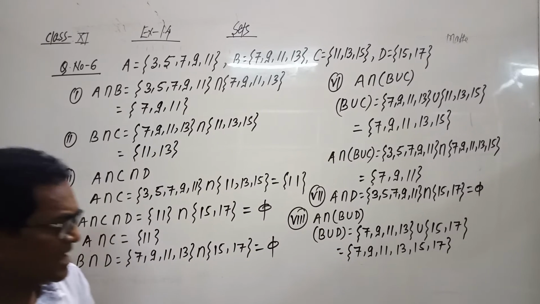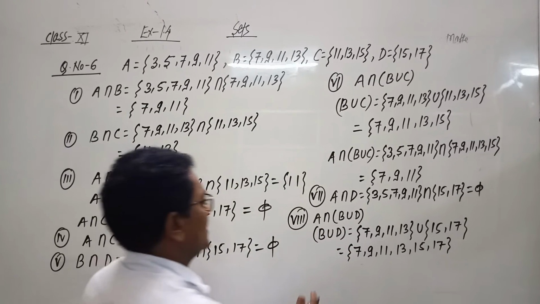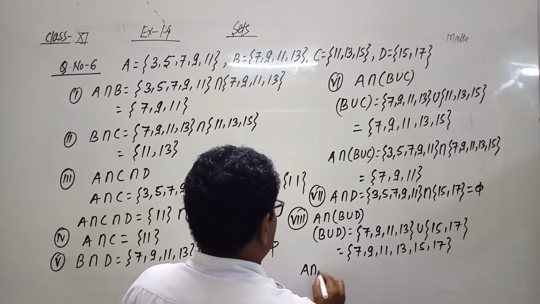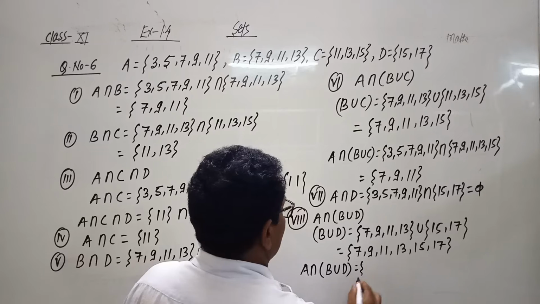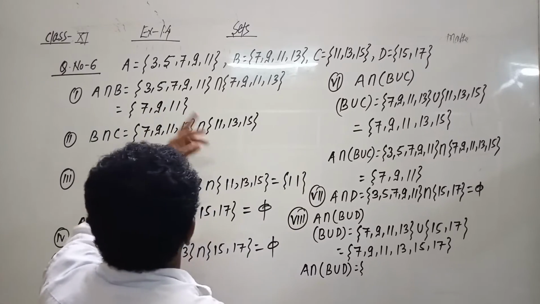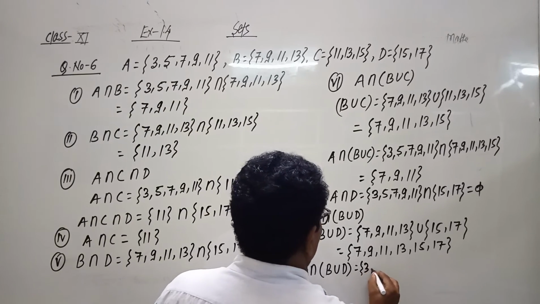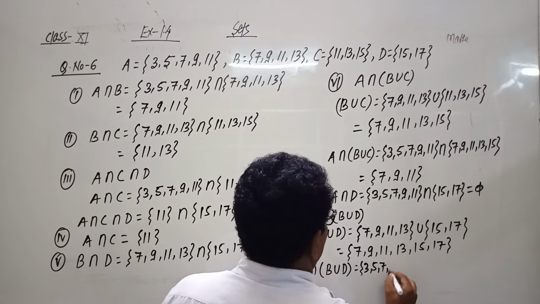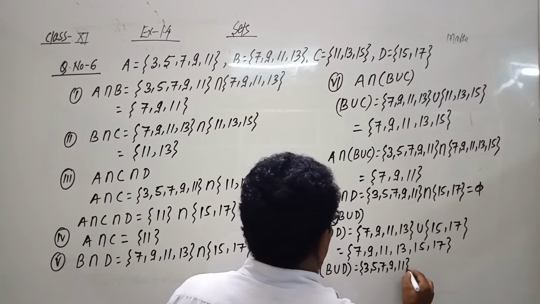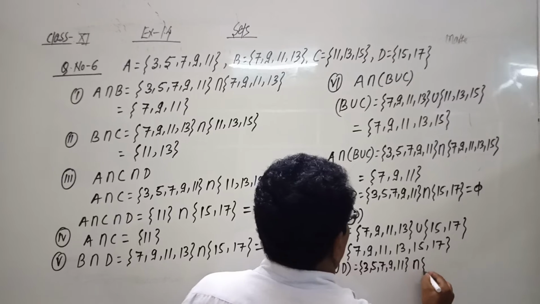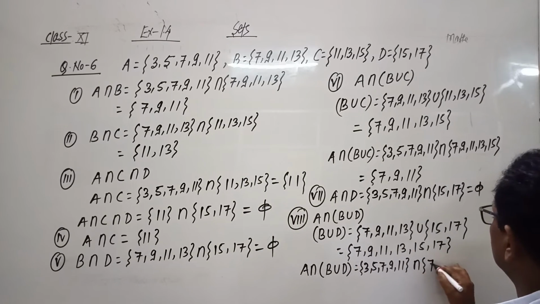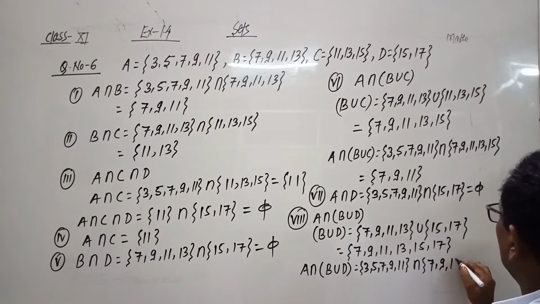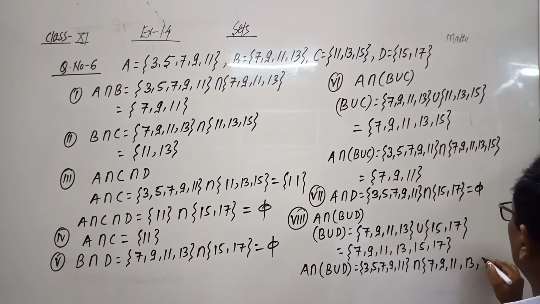Then we find A intersection B union D. The set A is 3, 5, 7, 9, 11, and intersection B union D, which we have calculated: 7, 9, 11, 13, 15 and 17.